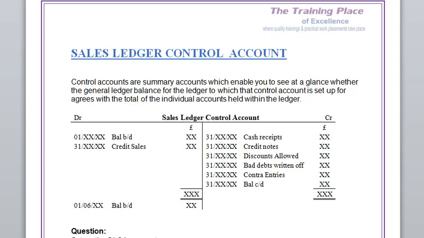Control accounts are summary accounts which enable you to see at a glance whether the general ledger balance for the ledger to which that control account is set up for agrees with the total of the individual accounts held within the ledger.